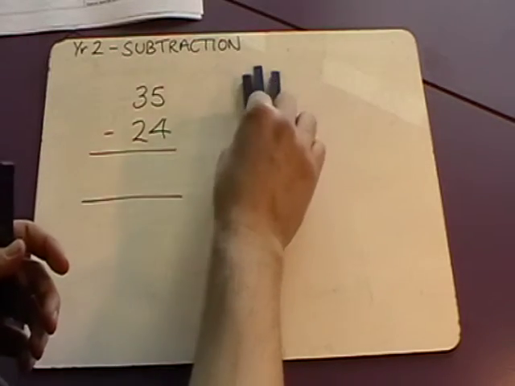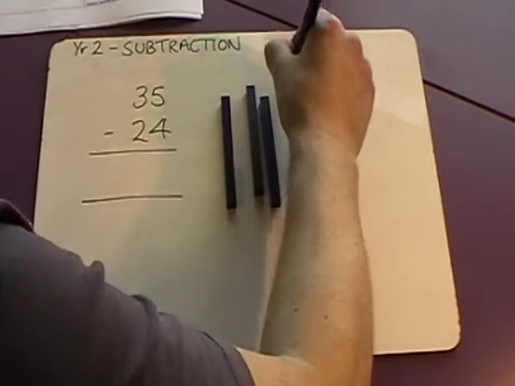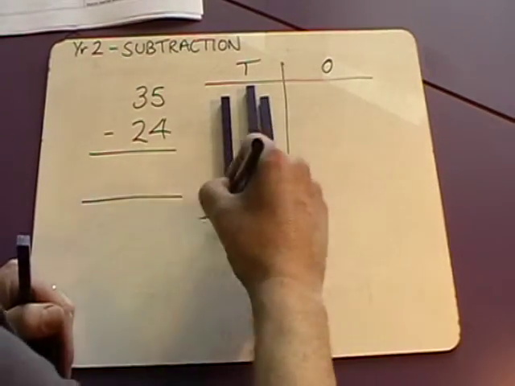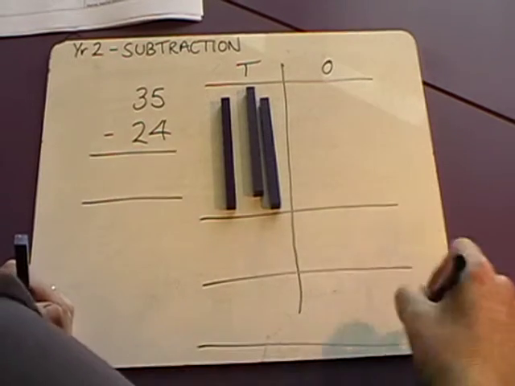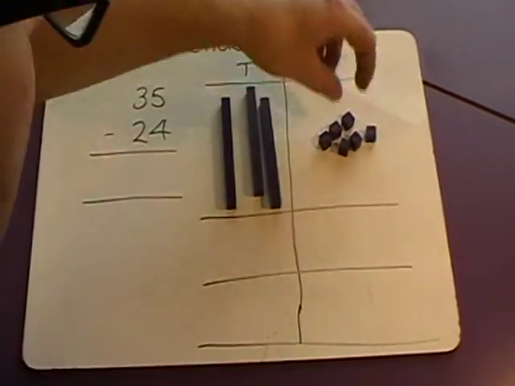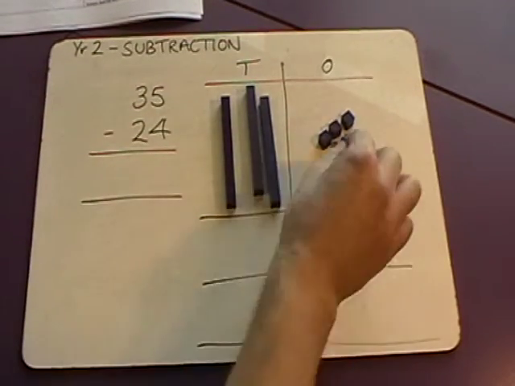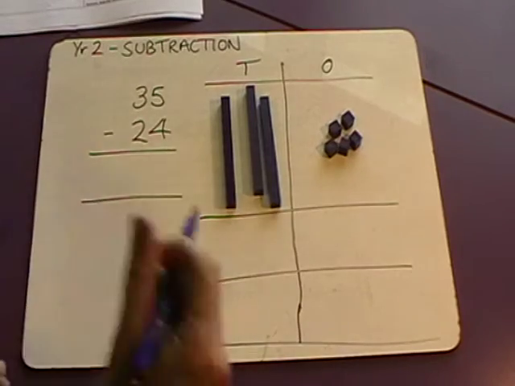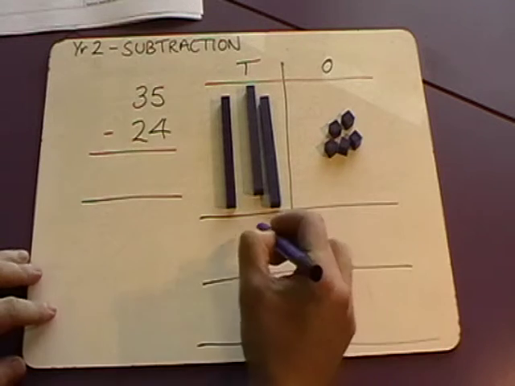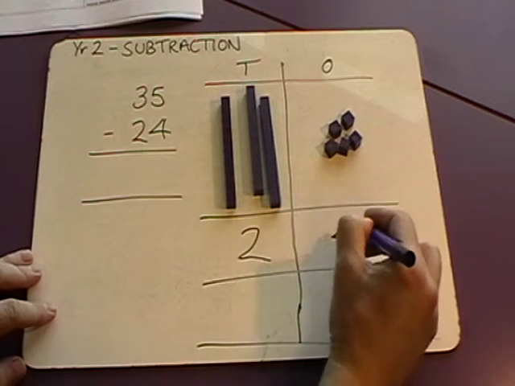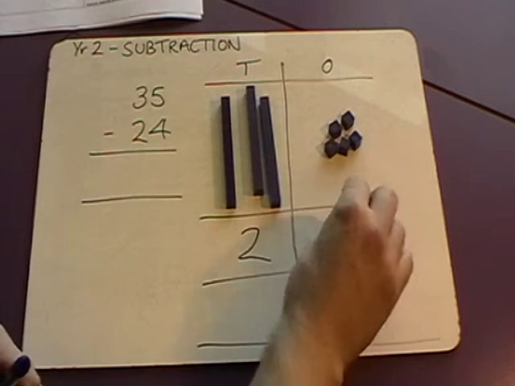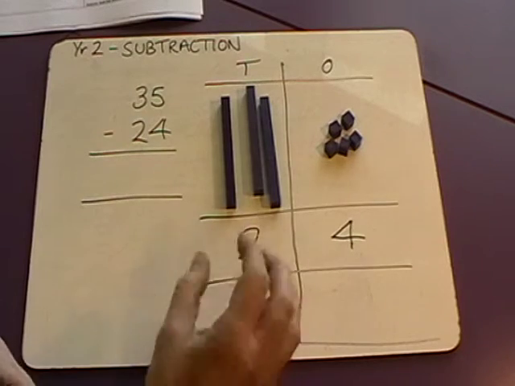So we'd have 30, we could draw our tens and ones columns, tens and ones, and we've got 35. Now with addition, we would put our other number here and add them together. But with subtraction, we don't want to do that. We just want to write our 24 here because we are taking that amount away. And it's confusing if we put 24 on that place value grid.